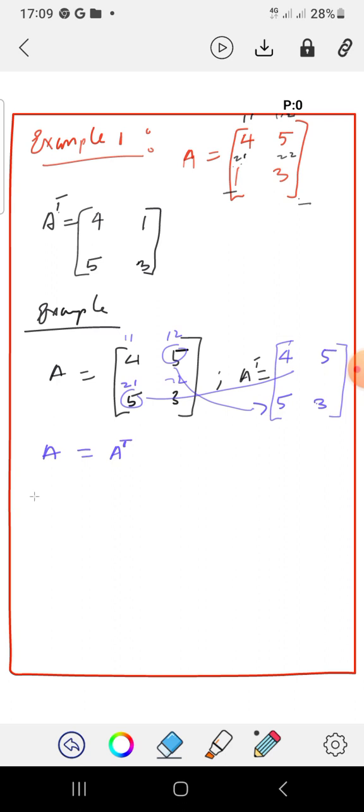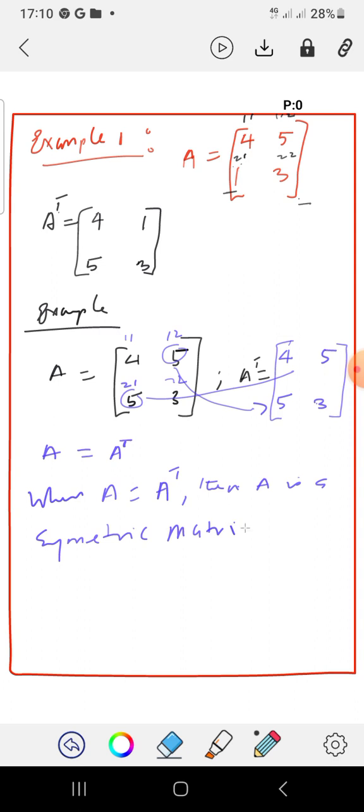So when A equals A transpose, then A is a symmetric matrix. All right, so that ends our crash course on matrices. I hope you understand what you've done.